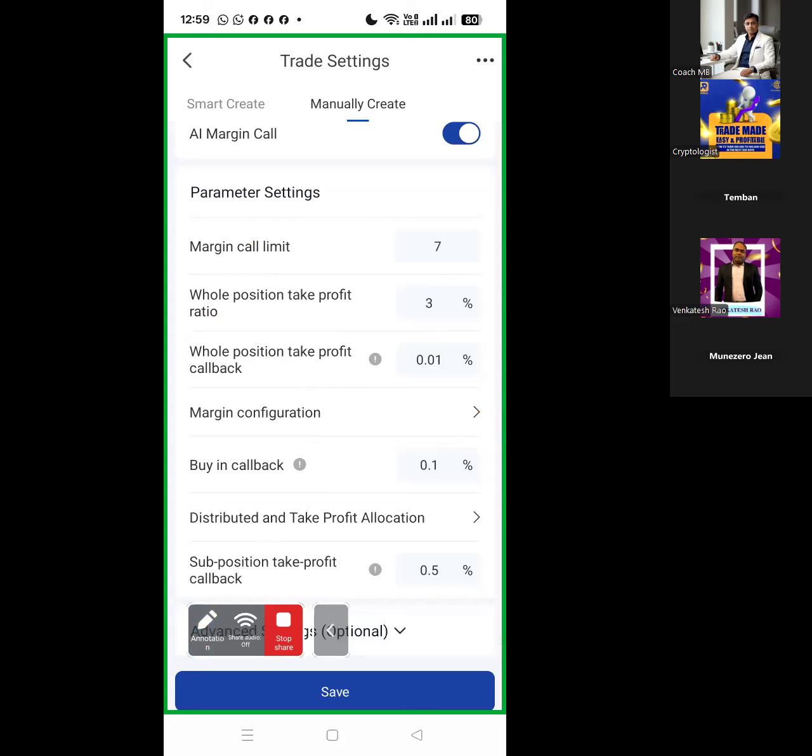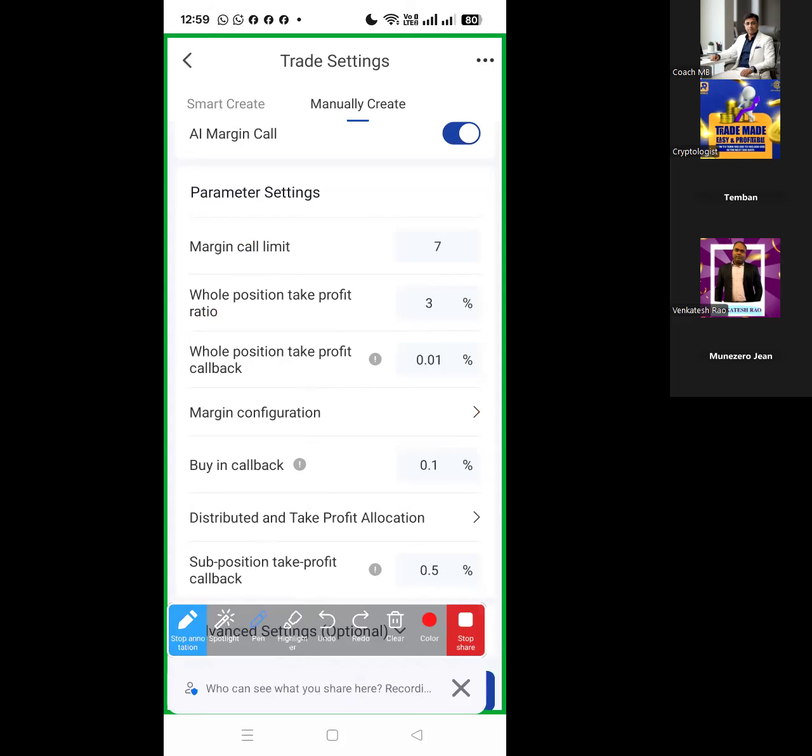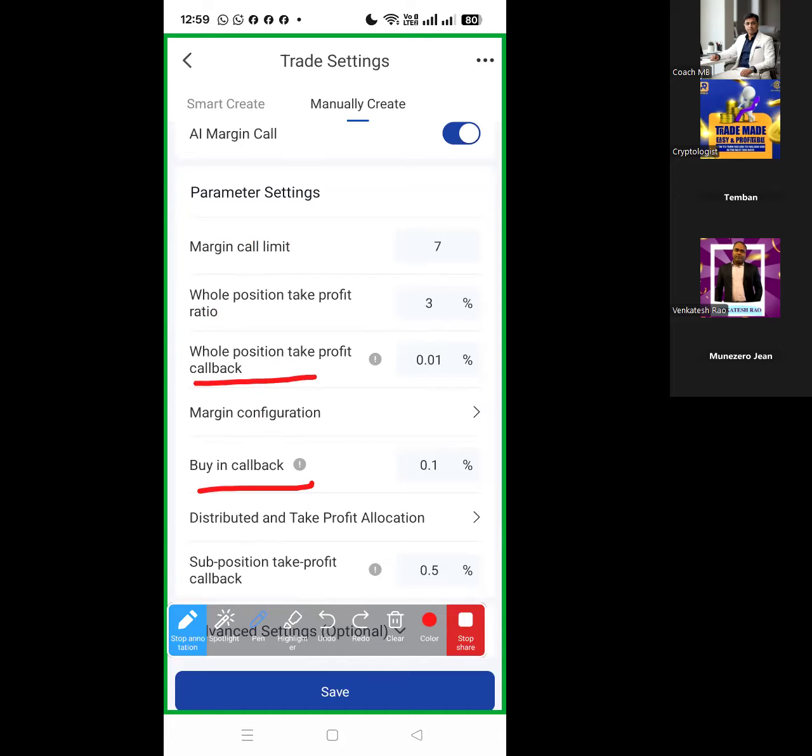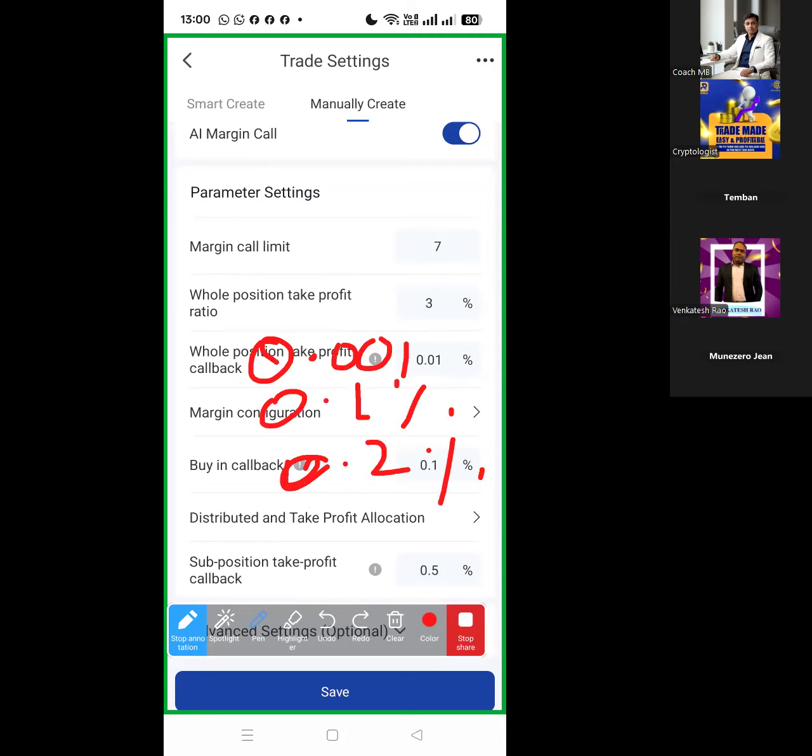Okay. So these are the two callbacks, and we can make better trading decisions if we put some figure over here. So don't put it at 0. It is advisable that you can put 0.01 or even 0.1%, or sometimes even 0.2%, right? But don't make it very large.